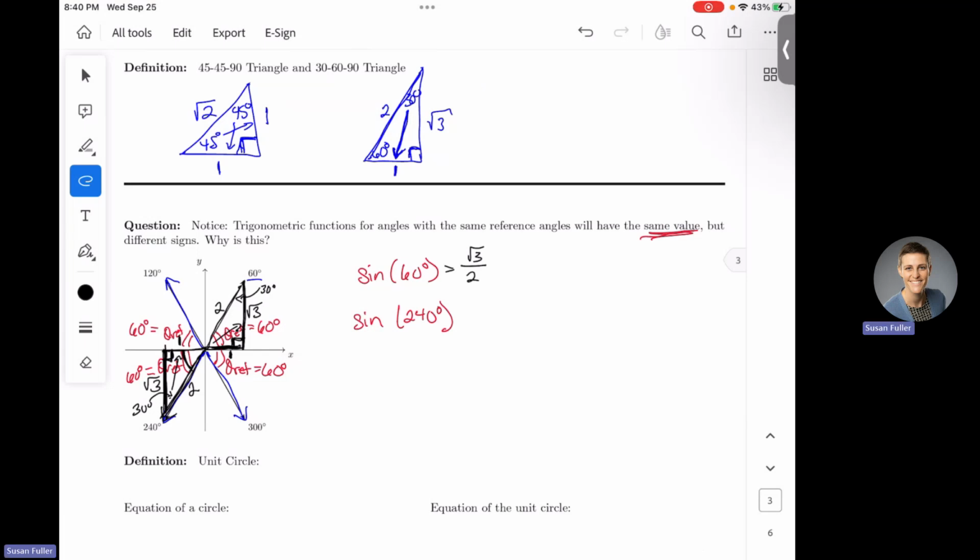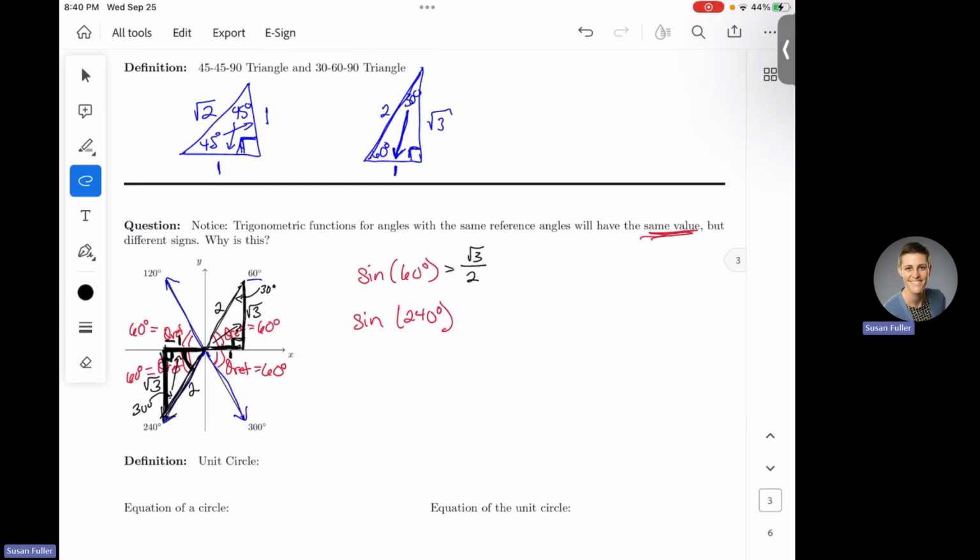And notice I have the same triangle. It's oriented a little bit differently, but it is the same angle. And I'm using the same reference angle to find my trig function. But now I'm in quadrant 3. So when I put my sides in here, I just have to be careful. This side is along the negative x-axis, so that side's going to be -1.